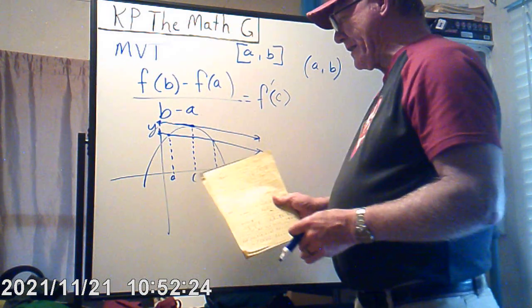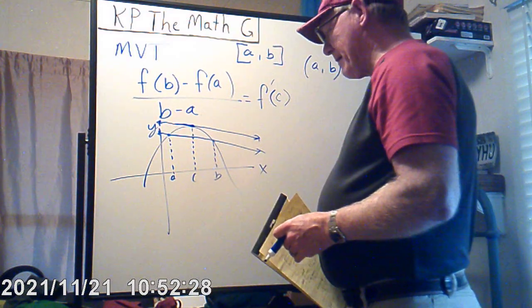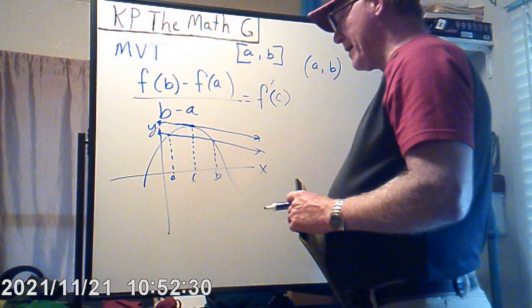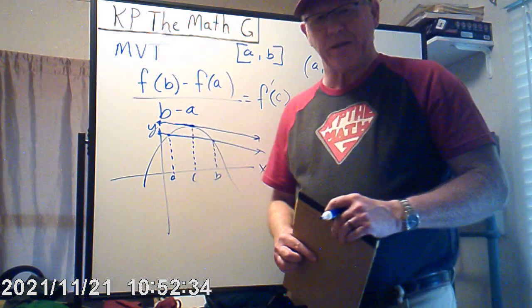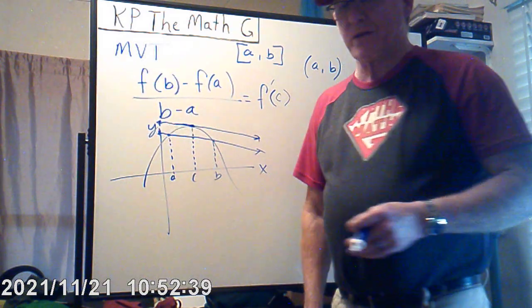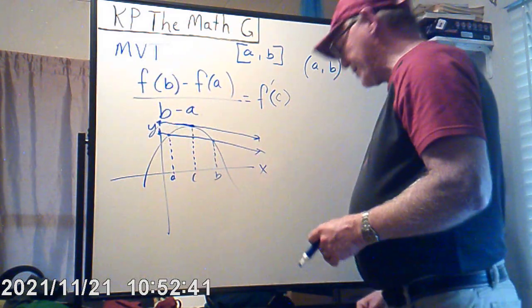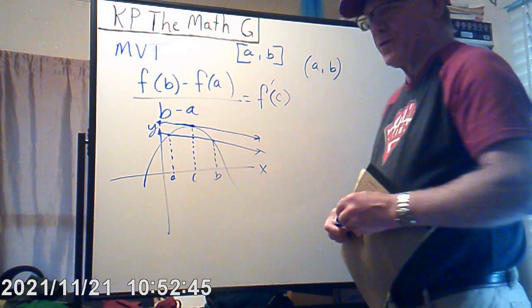So that's kind of the idea there. And again, it does not have to be a horizontal slope, as you can tell. Mean value theorem takes care of those other slopes as well. So that is that as far as the illustration goes.